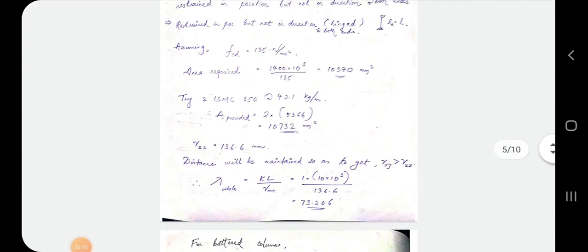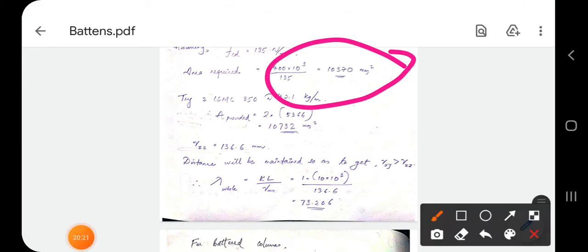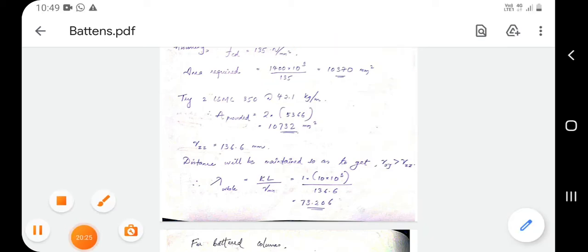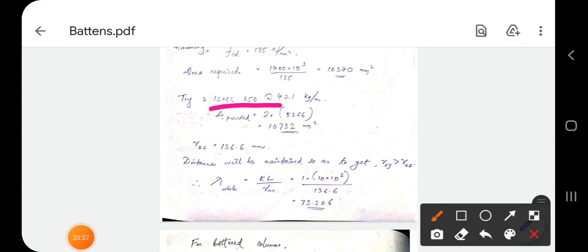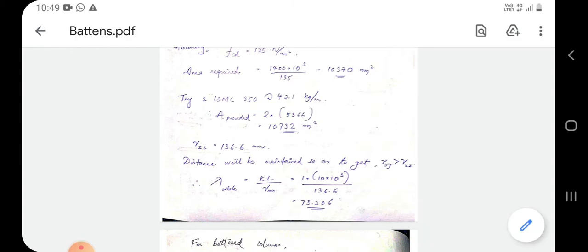Okay, so this is a built up column. It was told that we have to take two channel sections. So try two channel sections such that the total area will be more than 10,370. Okay, so our assumed section is ISMC 350 at a unit weight of 42.1 kilogram per meter.